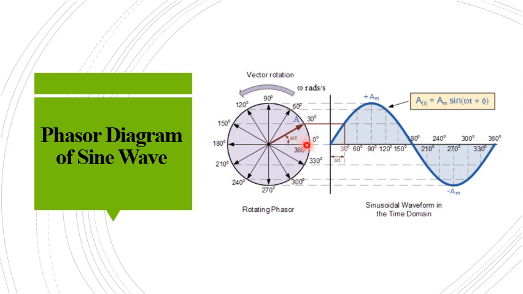This is the 0 degree point, and we rotate this phasor by 90 degree. So my new phasor position is this one. This phasor will represent the value of the sine wave at omega t equal to 90 degree. The instantaneous value is Am. Here we can see that the projection on the y-axis is the complete length of the phasor, which is equal to Am.